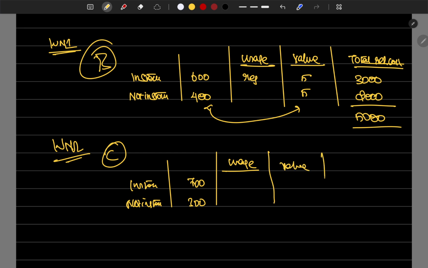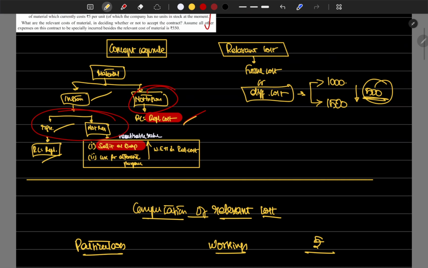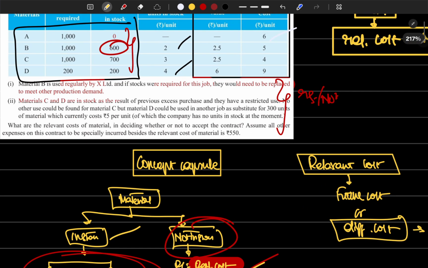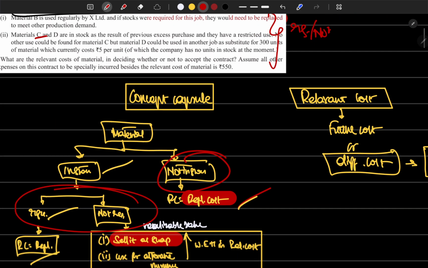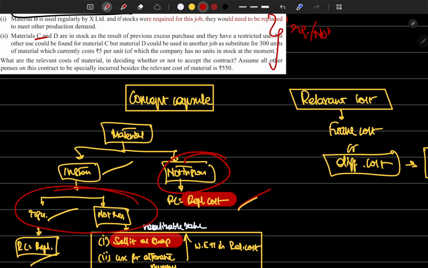Same, total relevant cost we have to find. What's the usage they have given in the question? Material C and D are in stock as a result of previous excess purchase. So they have done an excess purchase.